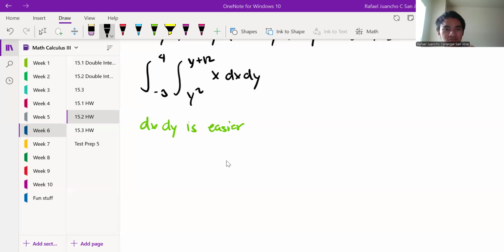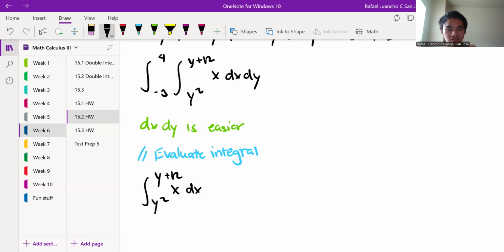And then now if I start solving it, I want to evaluate this thing. So I get y squared, y plus 12x dx, right? This will give me x squared over 2. I could just take out the 1/2. That's fine.